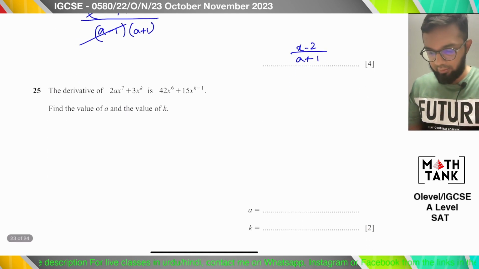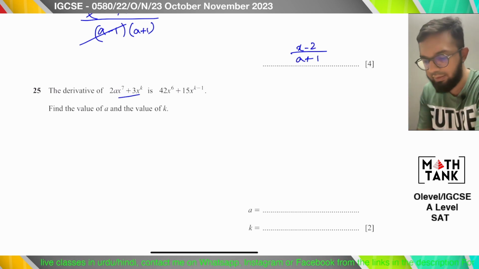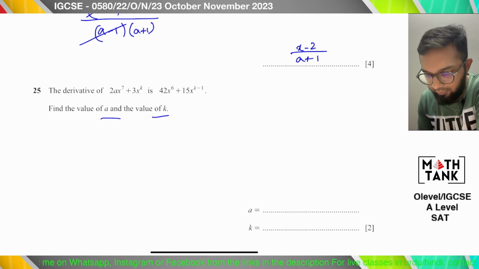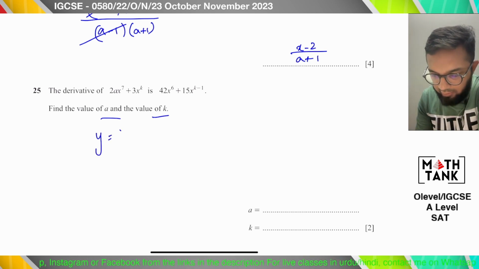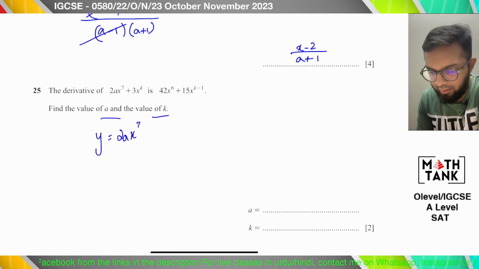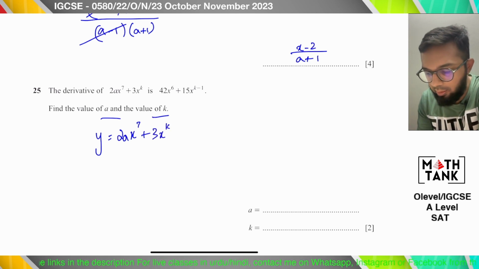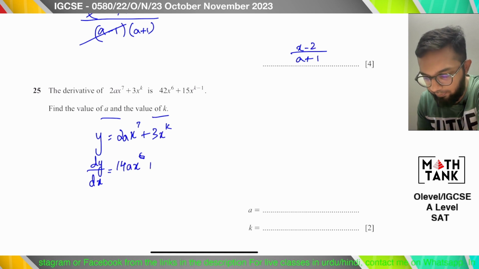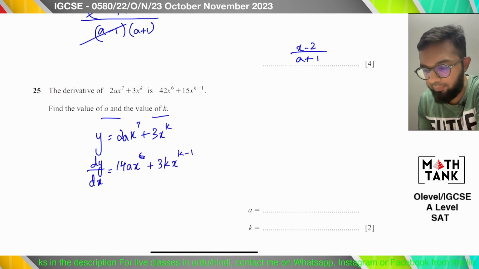On to the next question. It says the derivative of this is this. Find the value of a and the value of k. So how do you find the derivative? First I'm going to just write y so that I can show you dy by dx. So dy by dx, 7 comes down and gets multiplied, so 14a x power 6, plus 3k x power k minus 1.